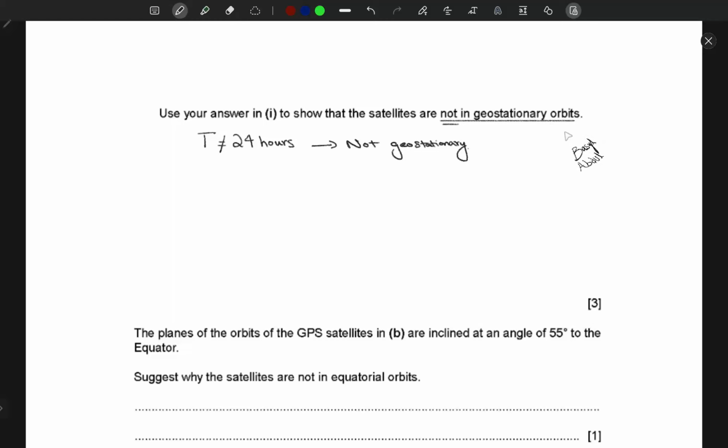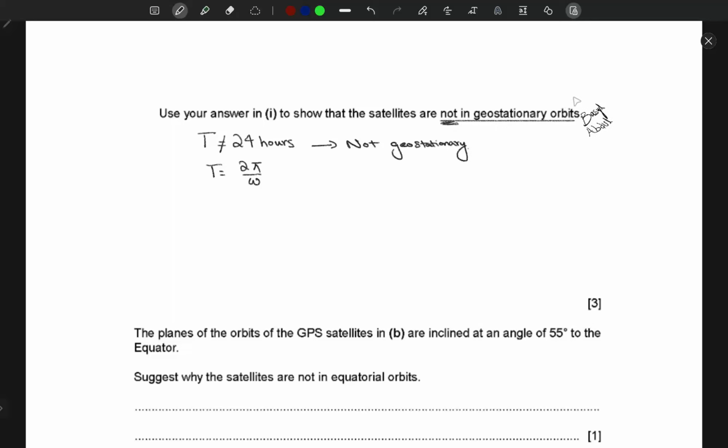Any object that lies in a geostationary orbit. So your thing is also correct, because the period of the orbit is defined as 2 pi by omega. So we can find it in terms of this angular velocity, and if the time period is not equal to 24 hours, then we can conclude easily that the satellite is not in a geostationary orbit, right?